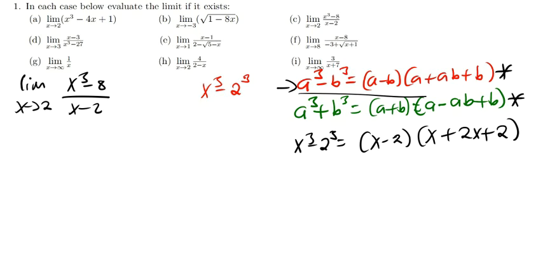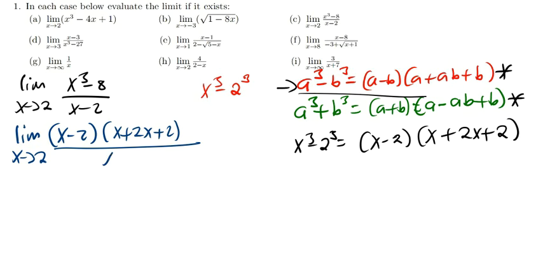It's the one which I'm going to replace with the numerator here. So we'll go ahead and say the limit as x approaches 2. On top now I'll put this, and I divide it by x minus 2.